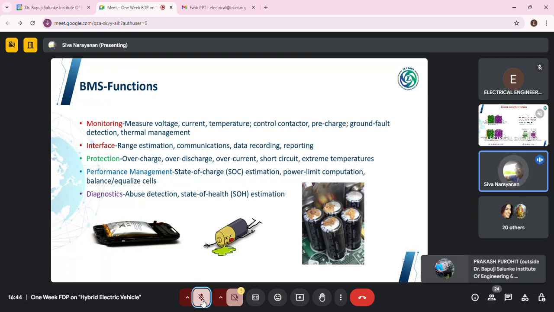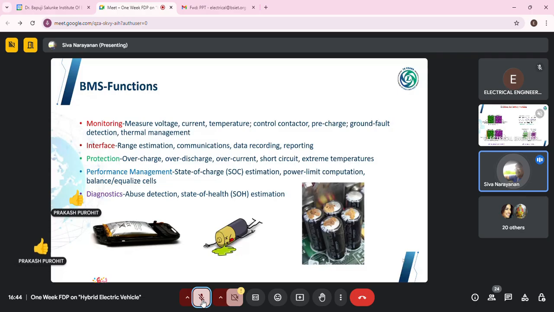So what happens when the voltage or the capacity is not the same? Automatically the battery pack's final voltage and final capacity will be reduced to that of the cell which has the lowest voltage. So the rest of the voltage and capacity is limited by this faulty cell which has the lowest voltage. So cell balancing plays a very important role.